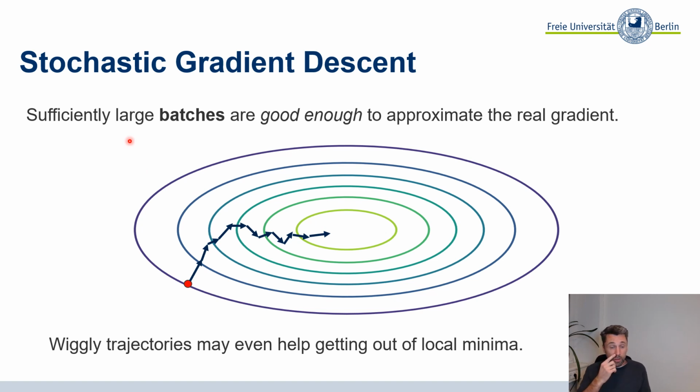So one of the very simple solutions here is we use randomness and a little noise, and reduce the number of training samples to approximate the gradient. So we pick a number for the size of our so-called batch.